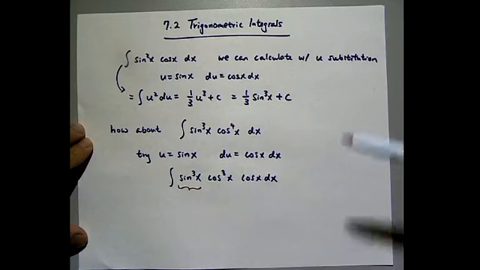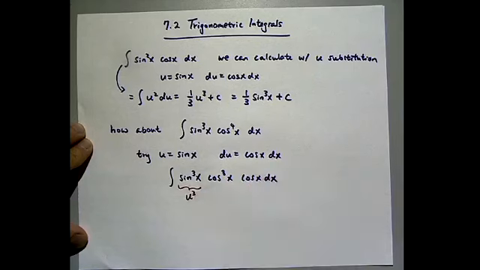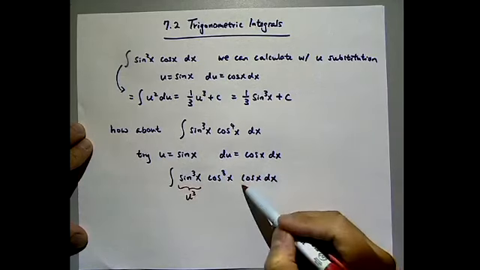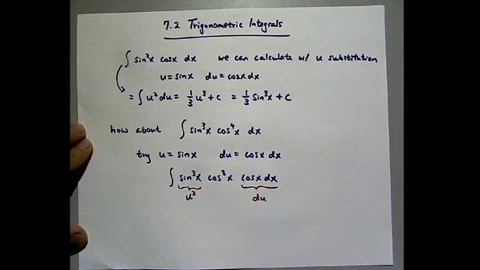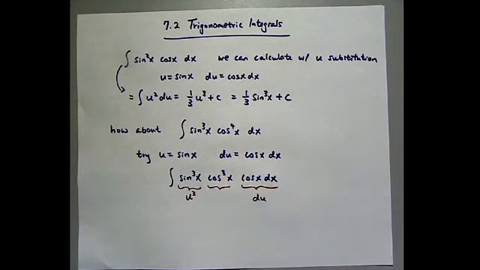All right. Now you see what happens. This is u to the power of 3. That's fine. And here, this is du. It's the middle one here that we get a little bit of an issue.